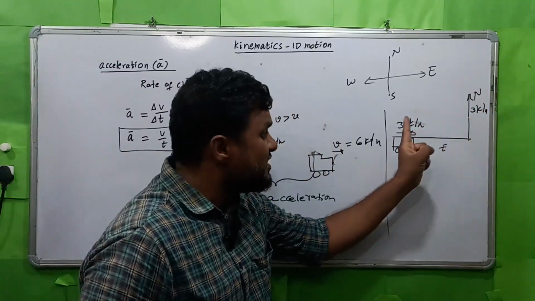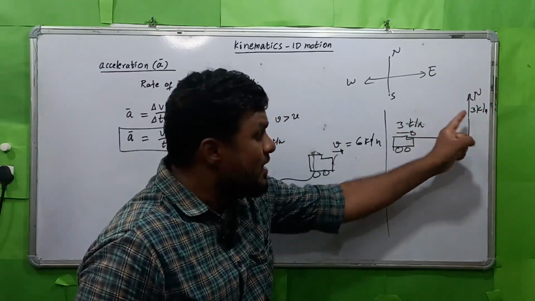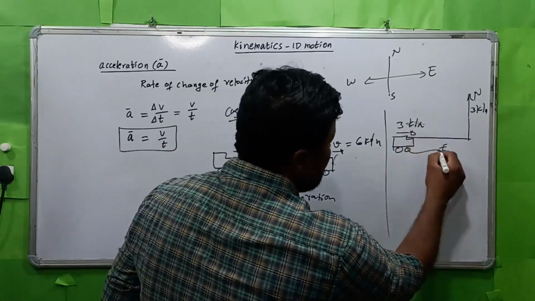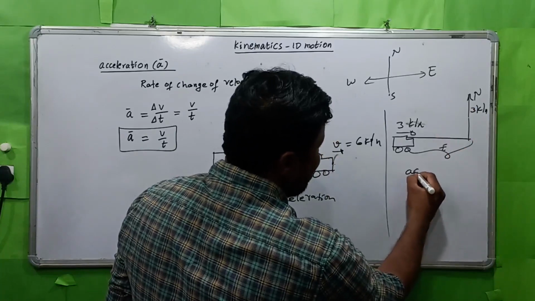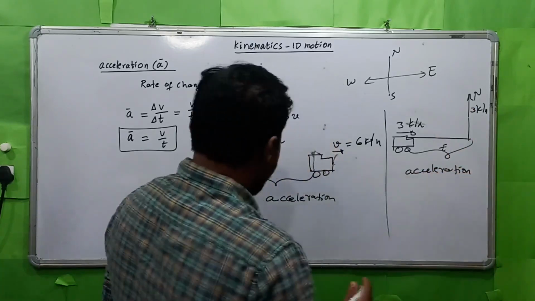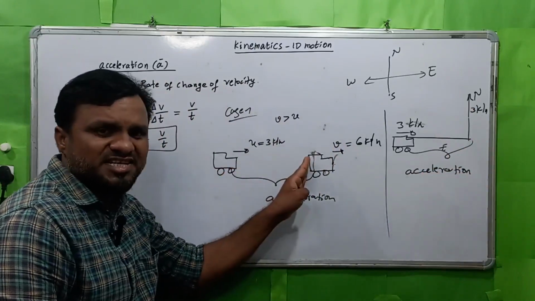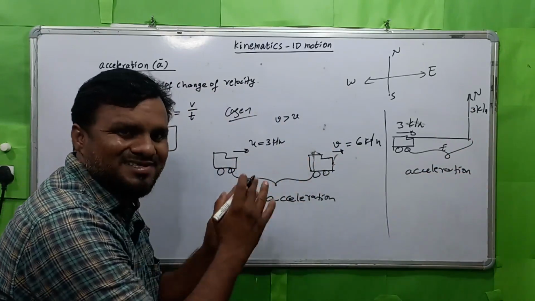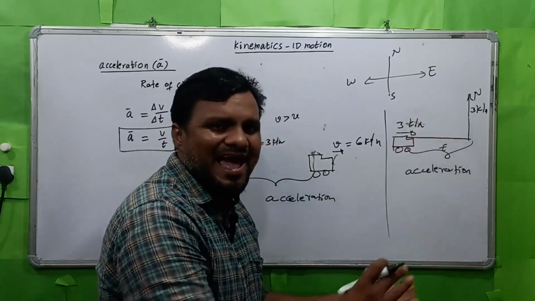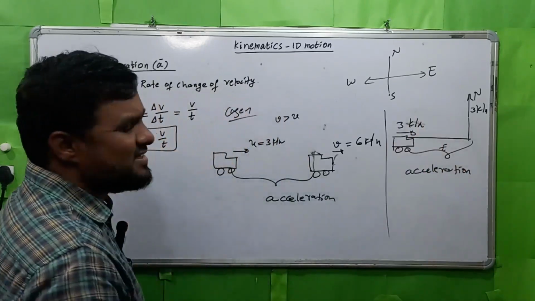Magnitude remains the same, but here direction changes. In this situation also we will call this acceleration. Means either a change in magnitude gives rise to acceleration, or a change in direction gives rise to acceleration. That is acceleration.